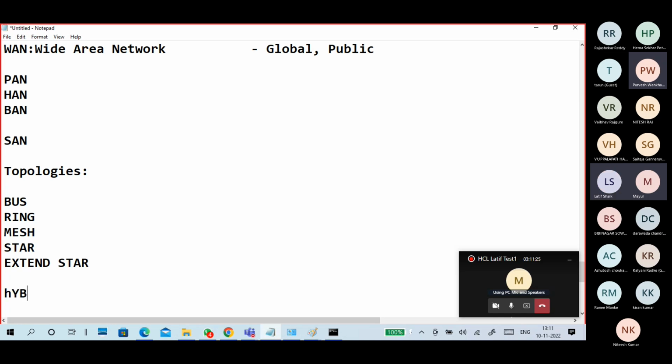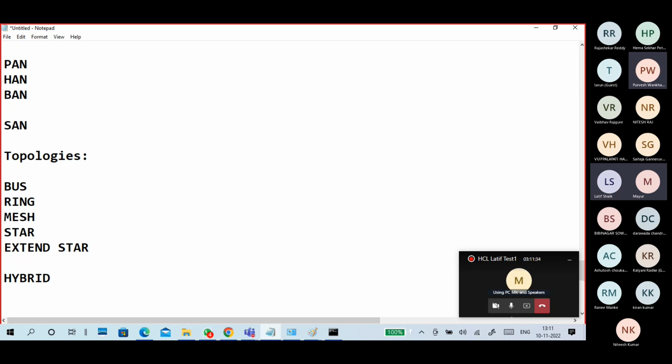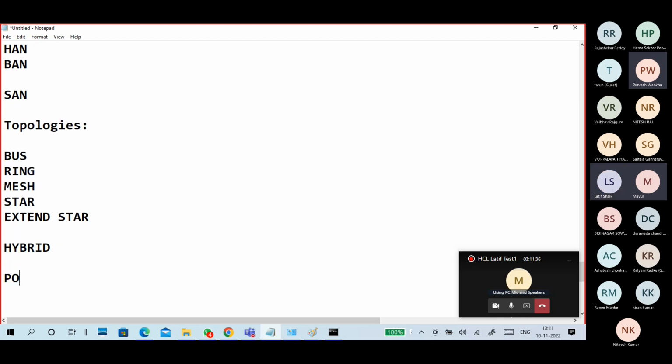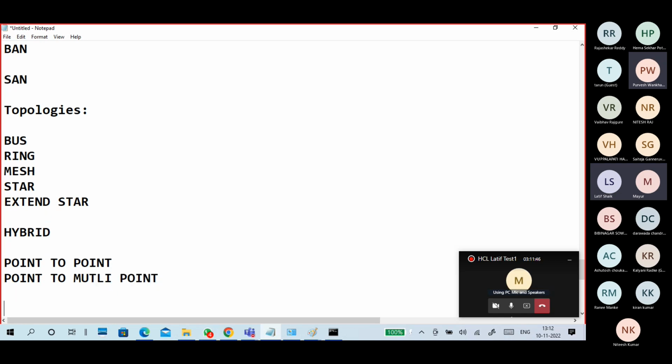Star, hybrid, point to point, point to multi-point. Already I told you, so just revise how it is.